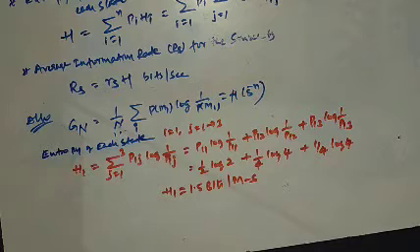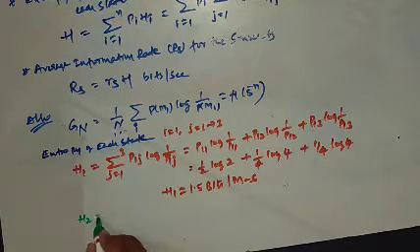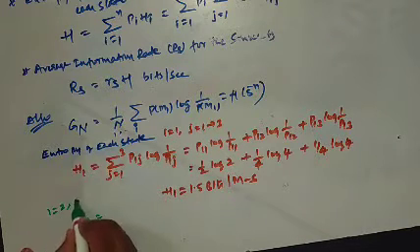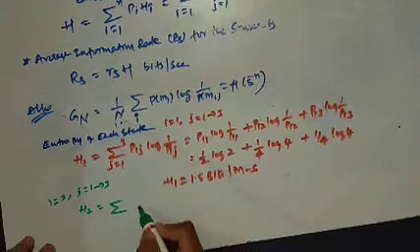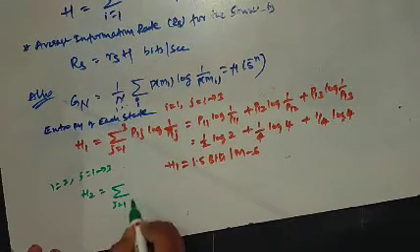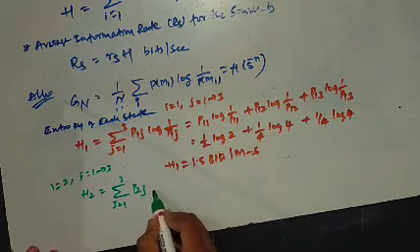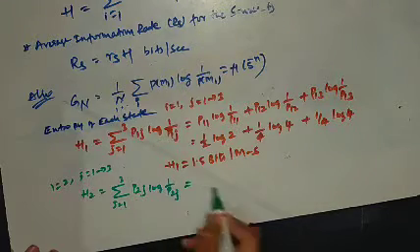Similarly, entropy of each state, there are 3 states. H2 is obtained with I is equal to 2 and J varies from 1 to 3. H2 is equal to summation J is equal to 1 to 3 of P2J log 1 upon P2J.